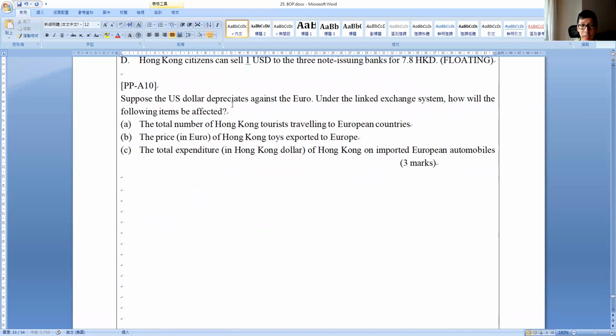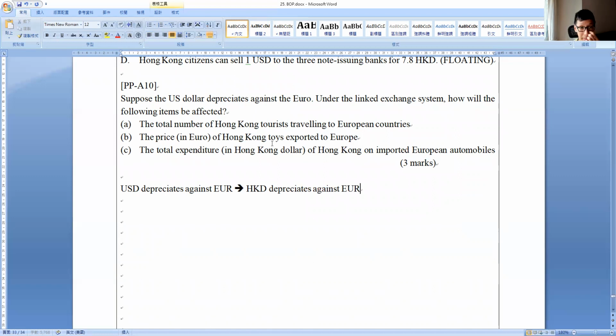好啦，last question here. Suppose the US dollar depreciates against euro. So what happens is that USD depreciates against euro, meaning Hong Kong dollar would also depreciate against euro.